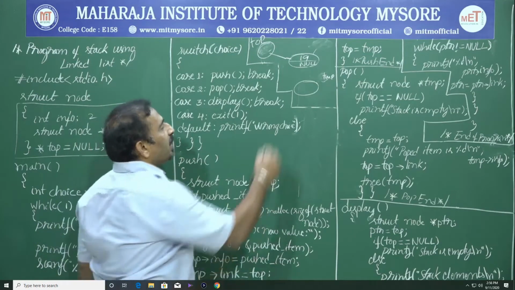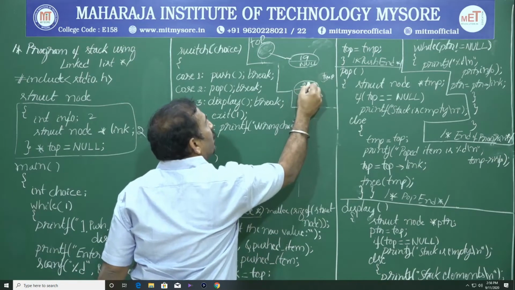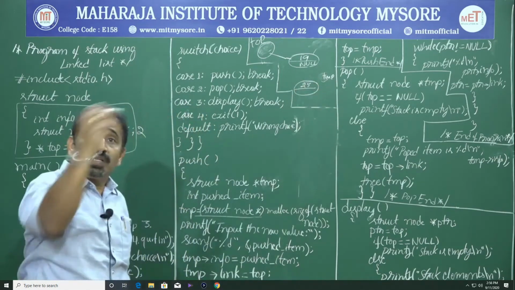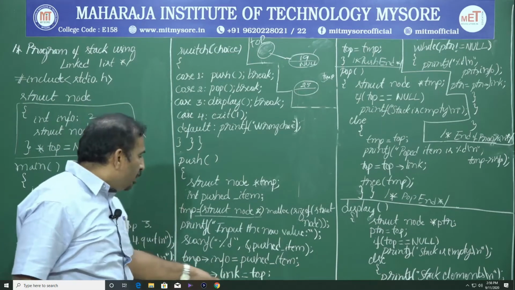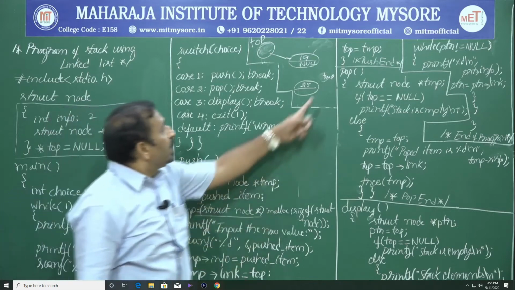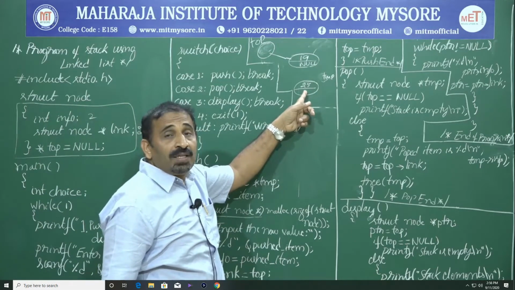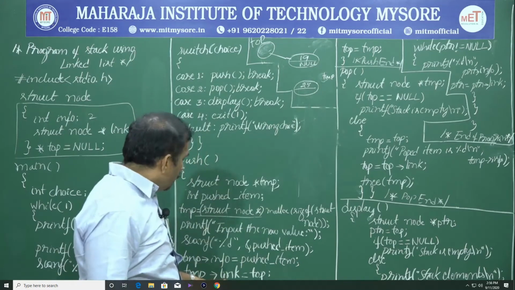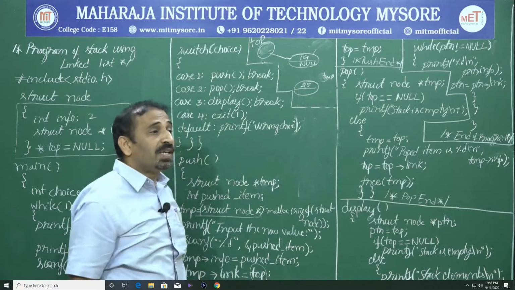TMP arrow information, it means this has got two components. TMP arrow information is equal to 25. So you are inserting the 25. Next, TMP arrow link, which is now holding the address of what is there in top.